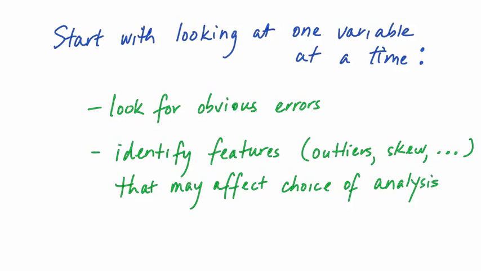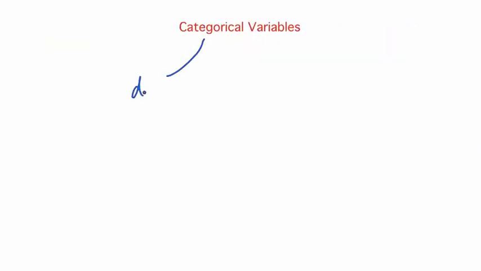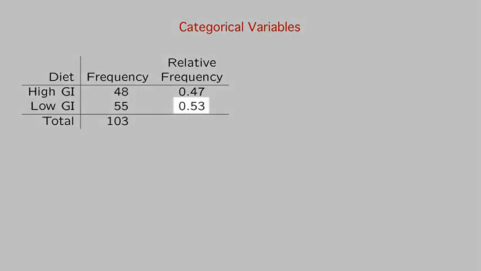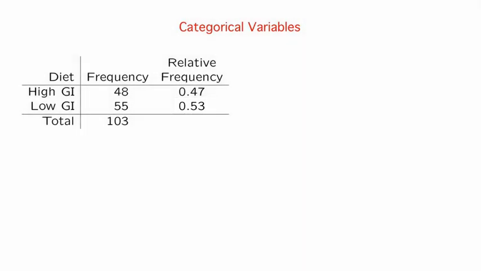Let's start with our categorical variables: diet, treatment failure, and sex. We'll just look at tables of frequency and relative frequency for these variables, since each of them has just 2 categories. For diet, we can see that our randomization process resulted in slightly more subjects, 53%, receiving the low GI diet.